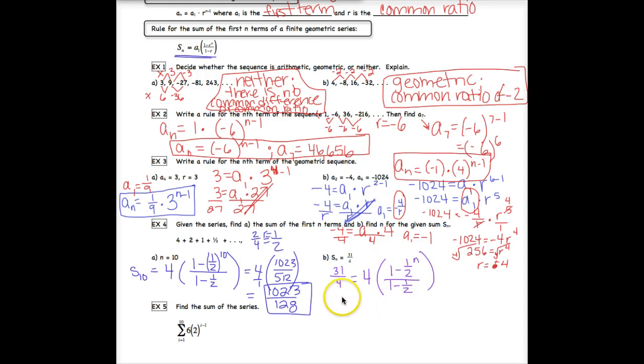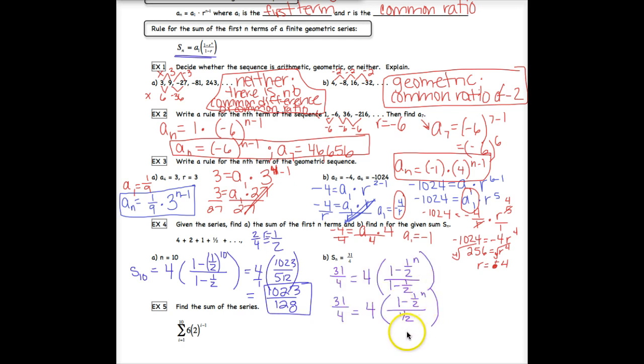So to simplify this guy here, first I'm going to do this 1 minus 1/2 over here, which is just 1/2. So I've got 4, I've got 1 minus 1/2 to the n, which I can't simplify because of the variable, and this is 1/2.